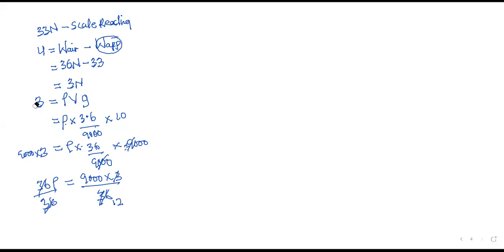A hot air balloon has a volume on the ground of 10 meter cube.